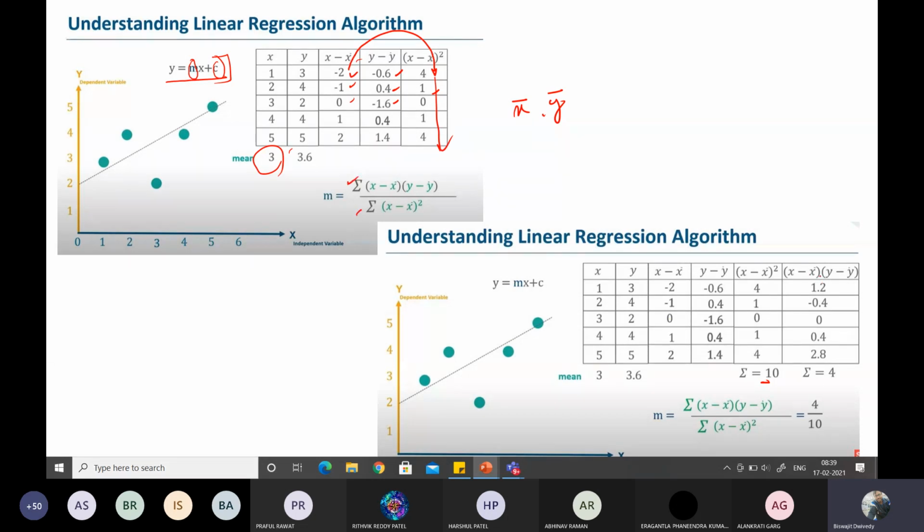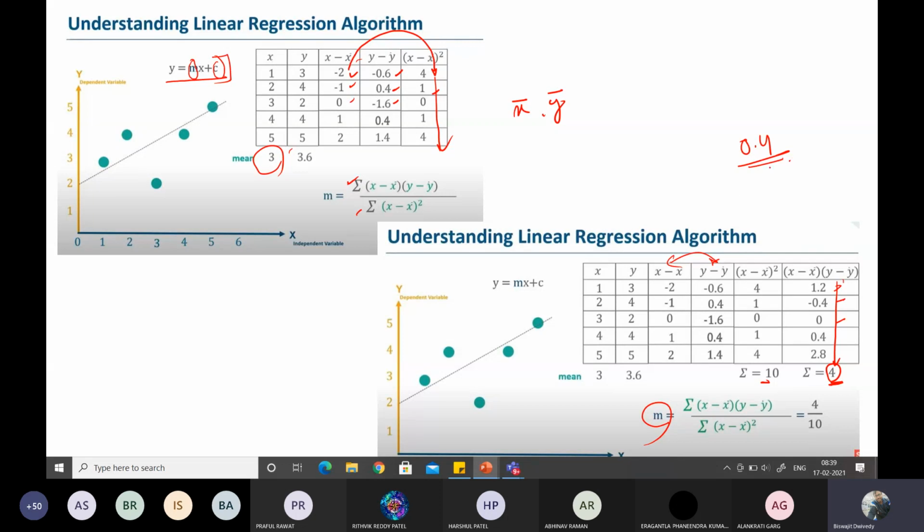And next, first multiply these two quantities. If you multiply, that becomes 1.2, minus 0.4 and all other quantities, and you just add those things. After adding, you get the value 4. So in this expression we are going to use these two values. After putting this 4 and 10, your slope becomes 4 by 10, equal to 0.4.